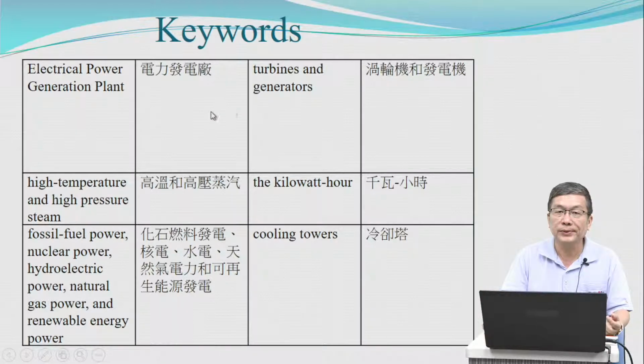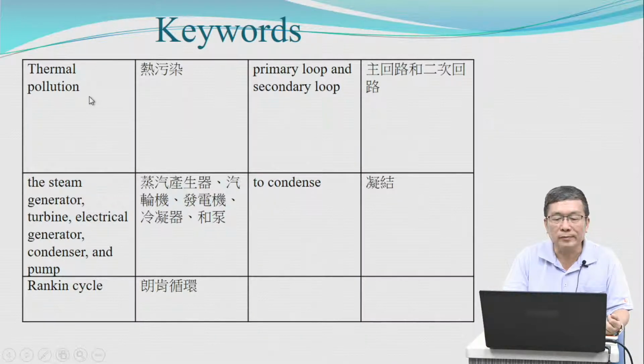Turbines and generators, high temperature and high pressure steam, the kilowatt hour, fossil fuel power, nuclear power, hydroelectric power, natural gas power, and renewable energy power, cooling towers, thermal pollution, primary loop and secondary loop, steam generator, turbine, electric generator, condenser, and pump. To condense, Rankine cycle.